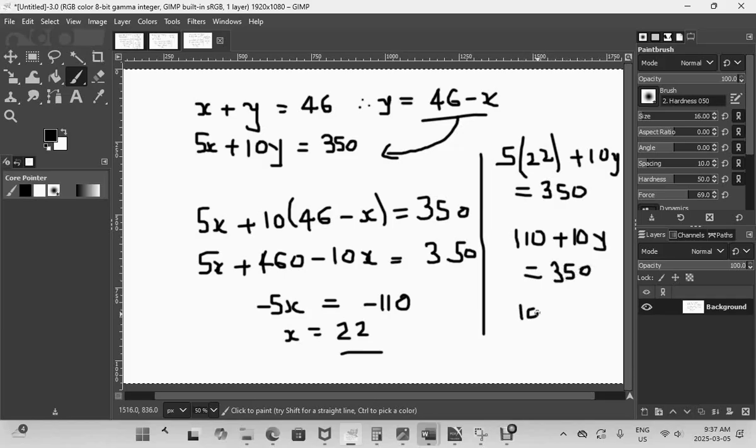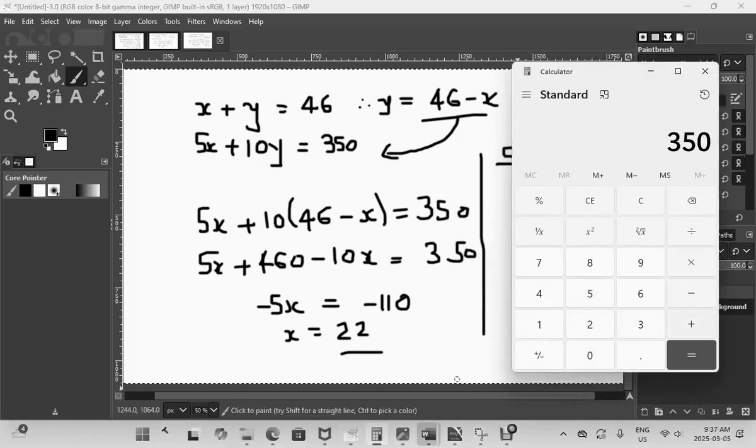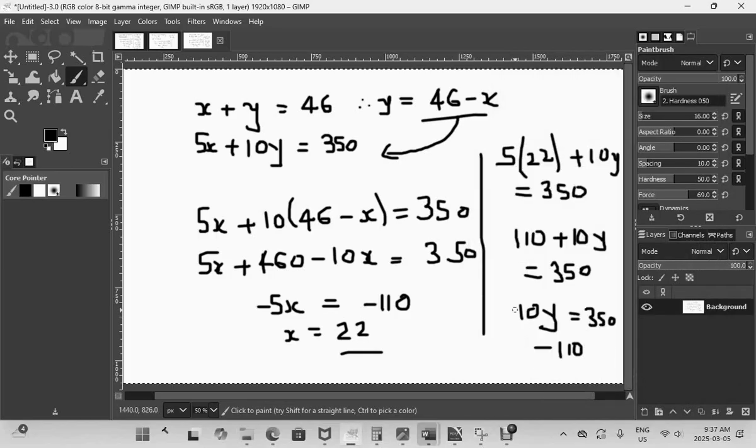Which means your 10y will be 350 take away 110. This will be 240.